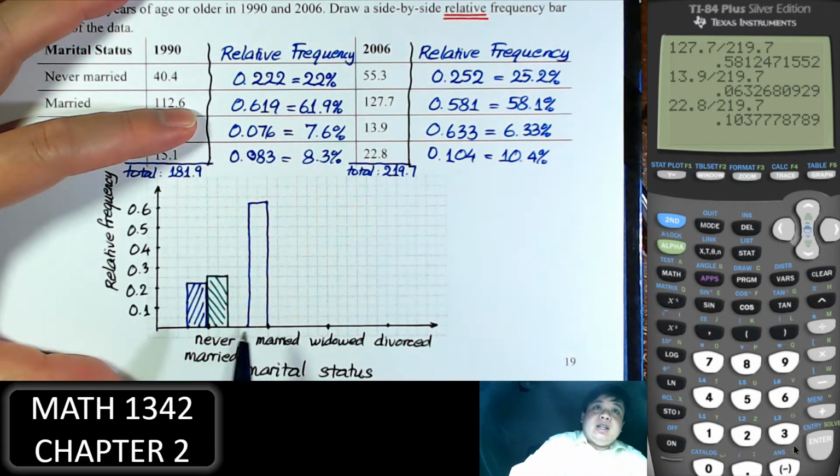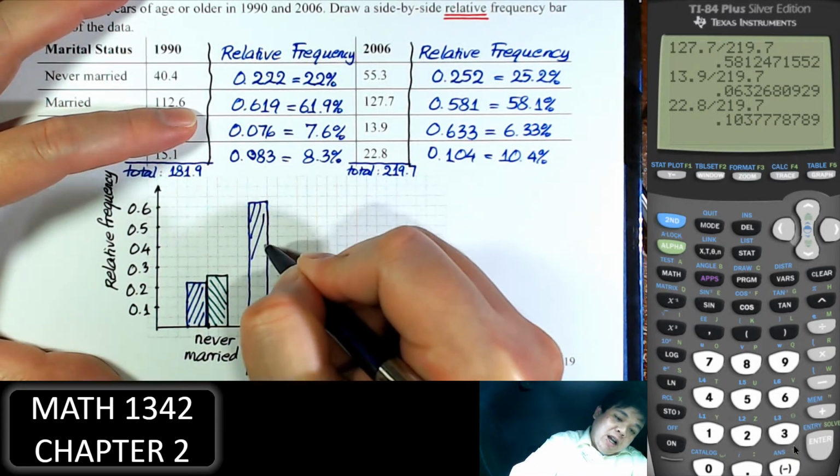Again, we have space between the bars, but side by side we can just put them next to each other.